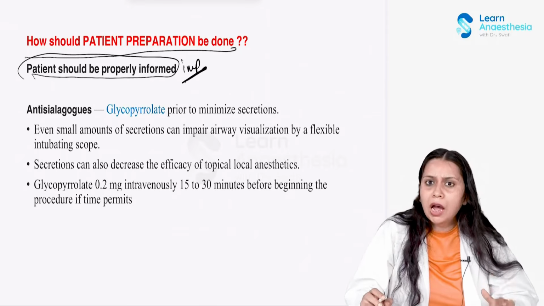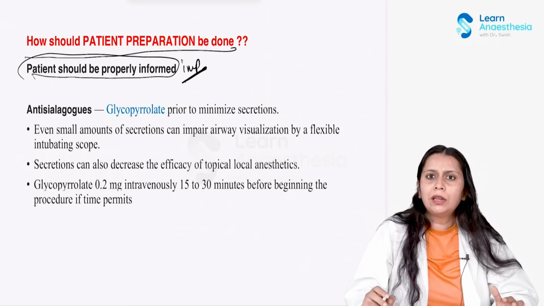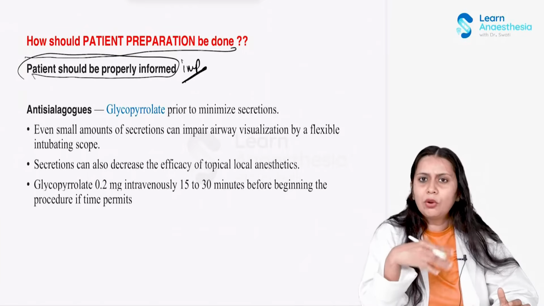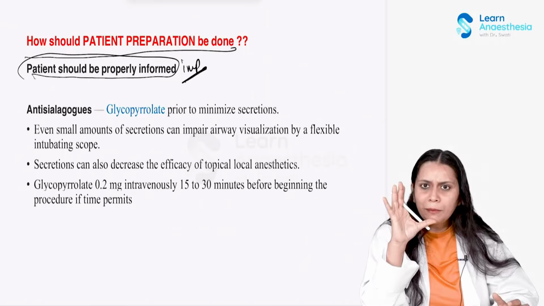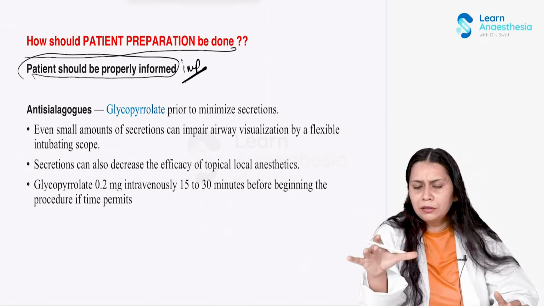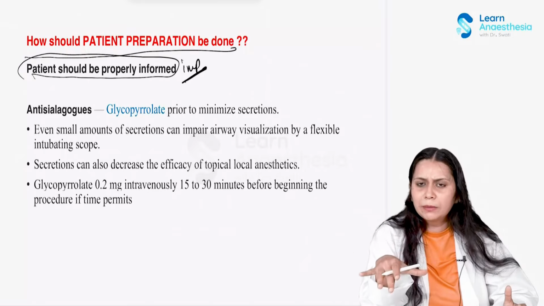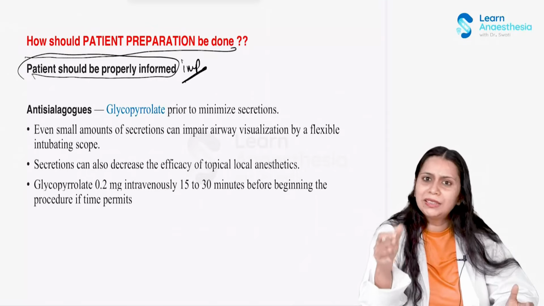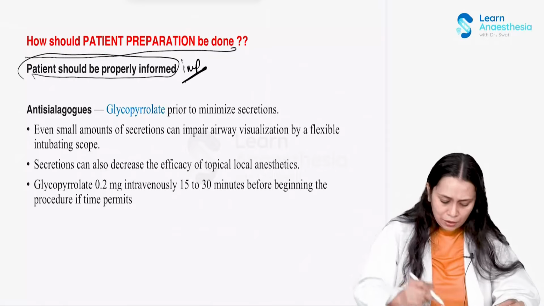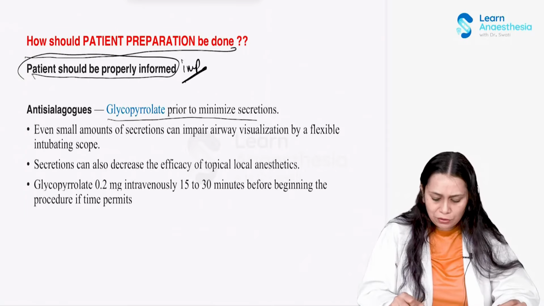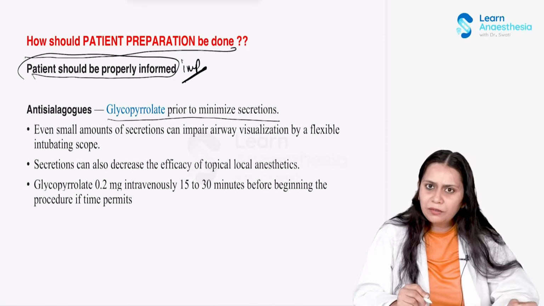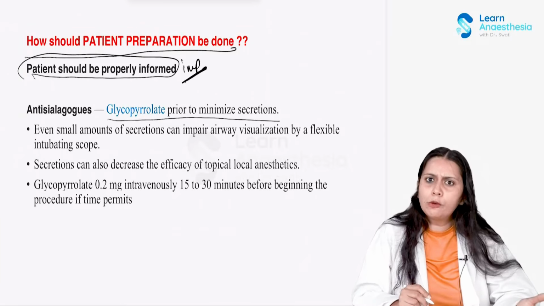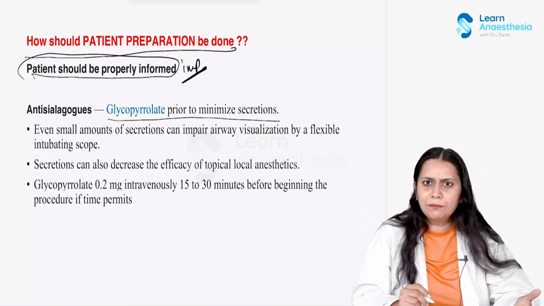Then you need to dry the airway of the patient, because the release of secretions in the oral cavity would make the visibility very difficult, right? Plus, it will also make the effect of local anesthetic less, right? So, glycopyrrolate prior to minimize the secretions. We should always give our patient glycopyrrolate, IV or IM, depending upon how much time we have prior to doing the procedure.